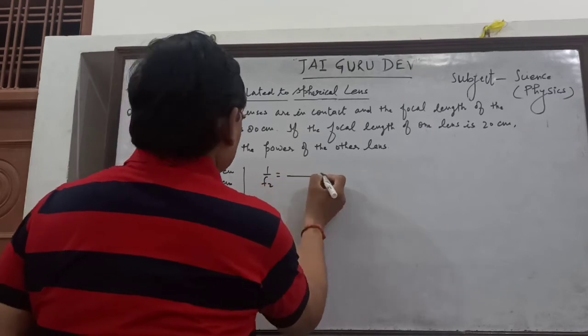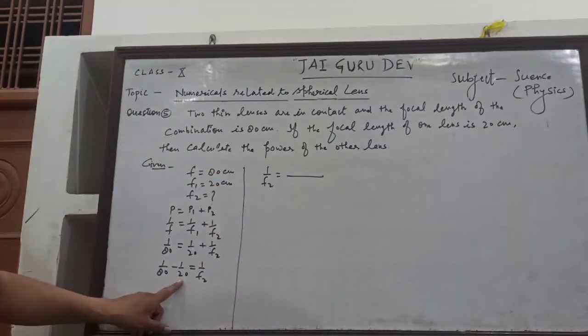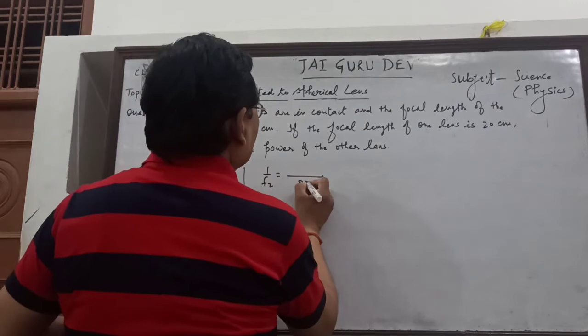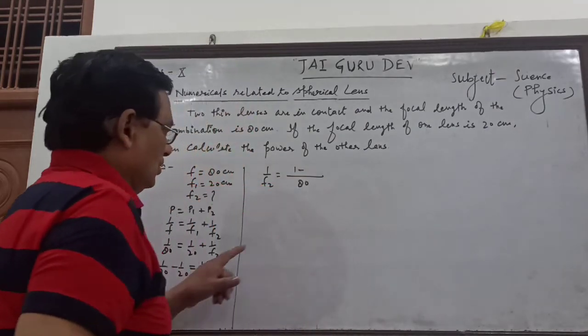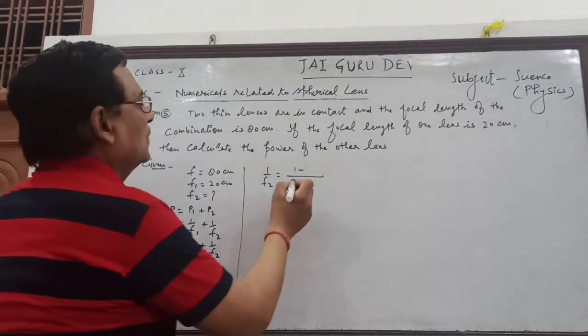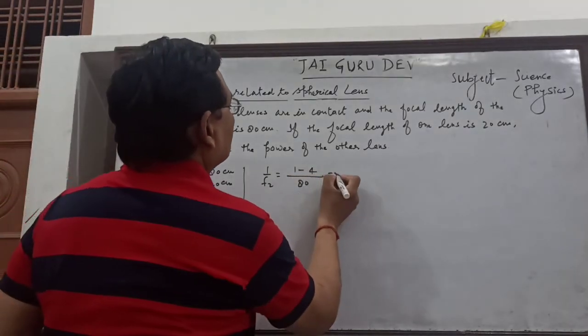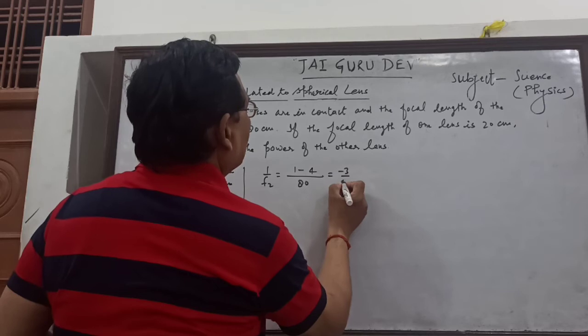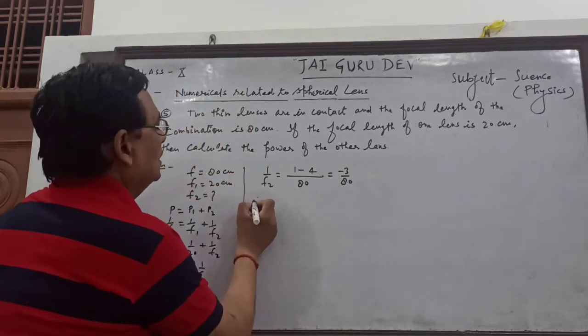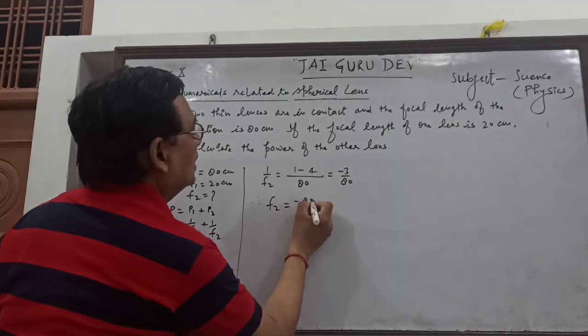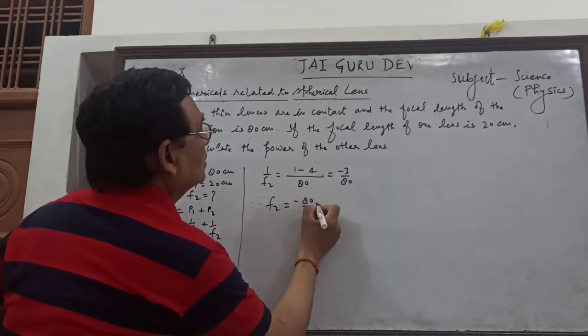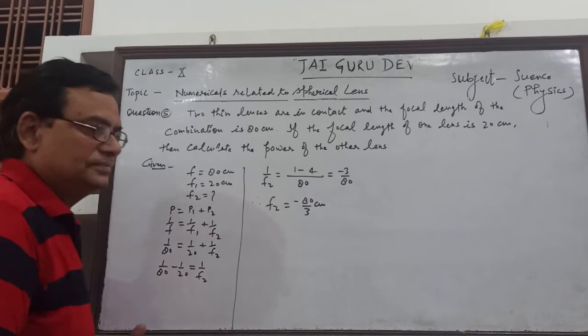LCM 80, 1 minus 4 upon 80 is equal to minus 3 by 80. Therefore, F2 is equal to minus 80 by 3 centimeter.